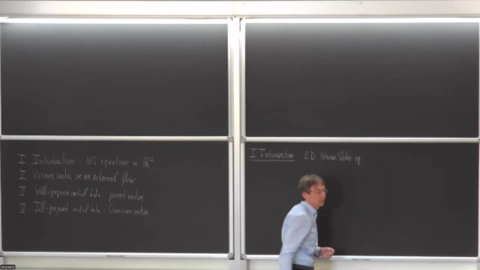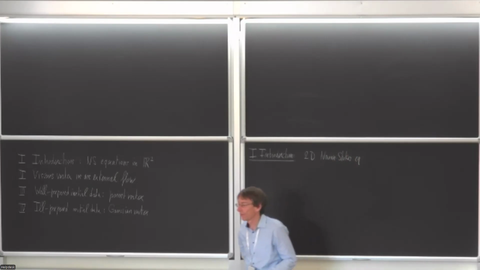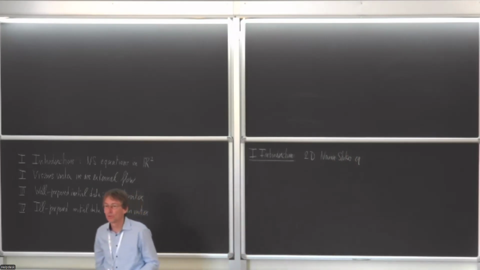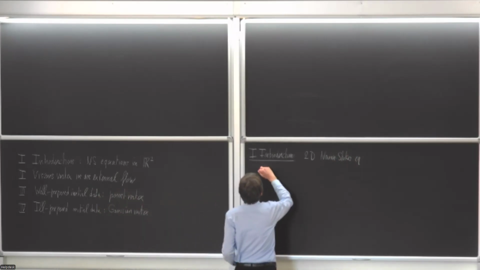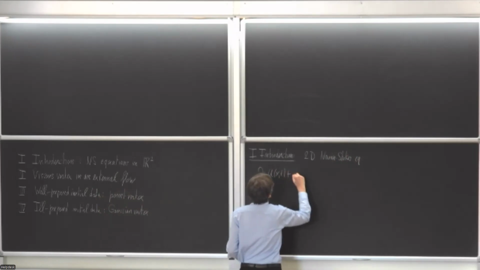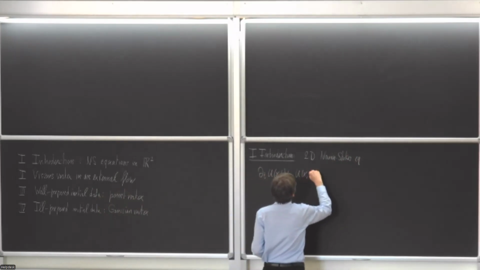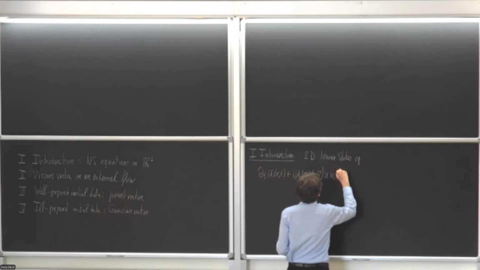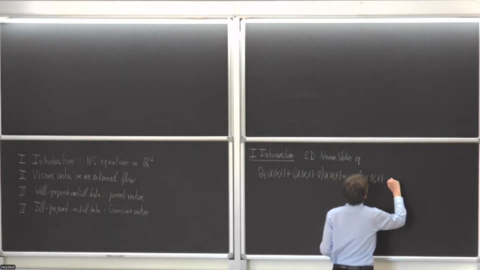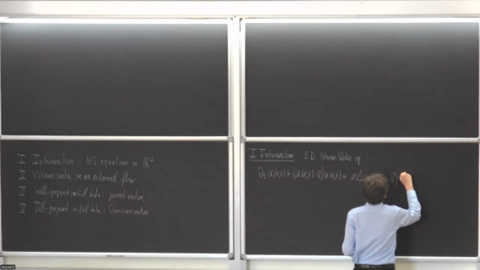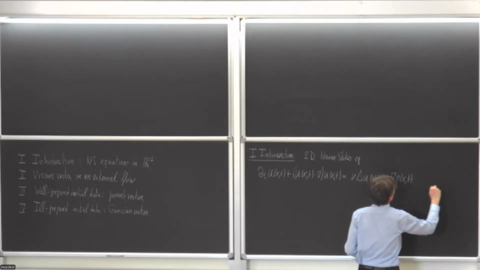These are the equations governing viscous fluids. They were written more or less exactly two centuries ago. In the two-dimensional case, they read as follows: ∂_t u(x,t) + u(x,t)·∇u(x,t) = μΔu(x,t) − ∇p(x,t).